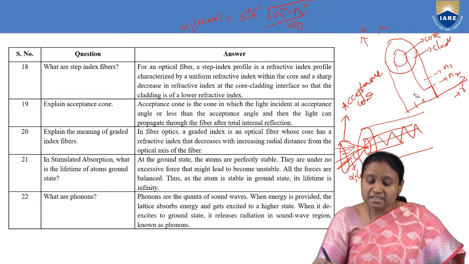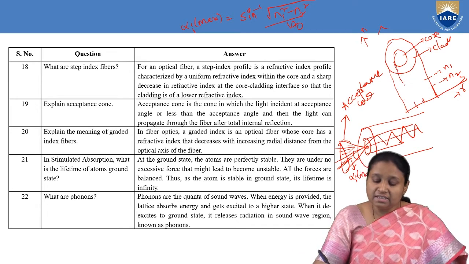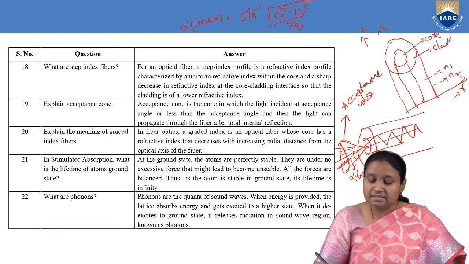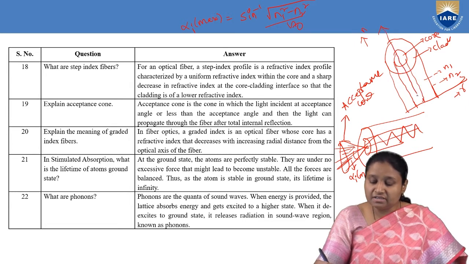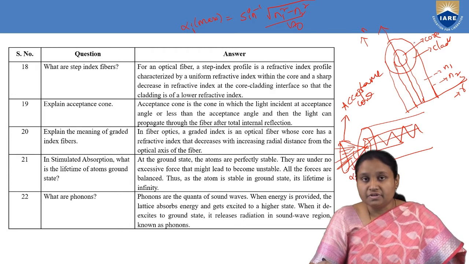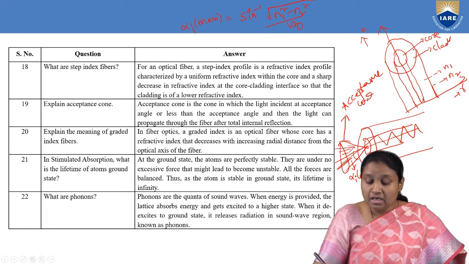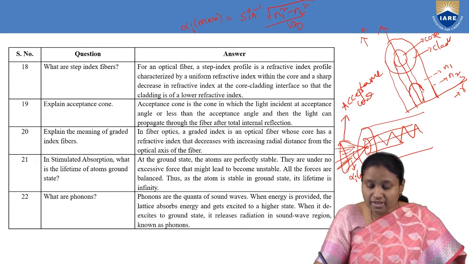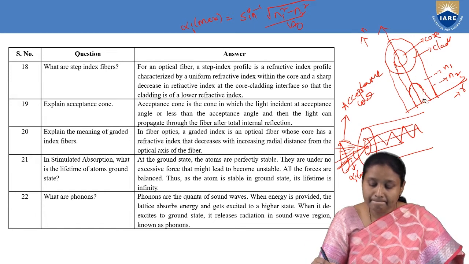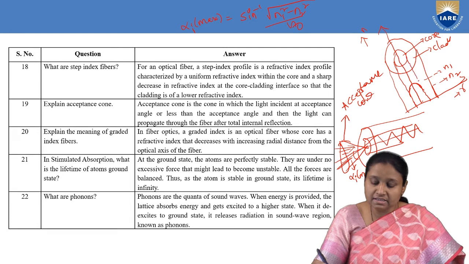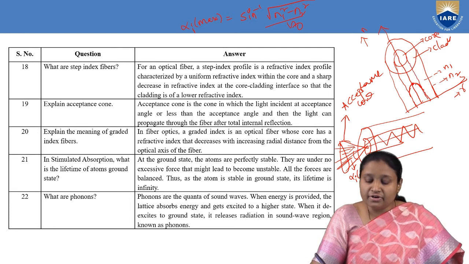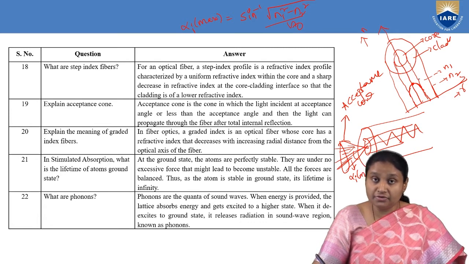In the step index fiber we took distance on the x-axis, that is, the distance from the center of the core, and of course the refractive index on the y-axis. Here, what we observe is that at the center of the core, the refractive index is maximum, and as we slowly move away from the center of the core, the refractive index slowly decreases.